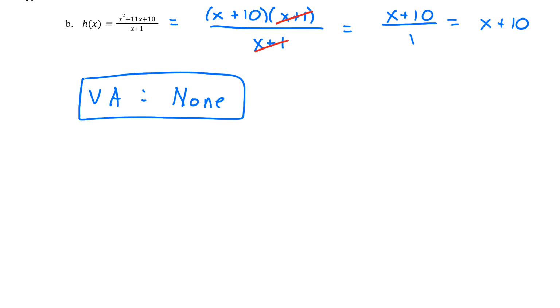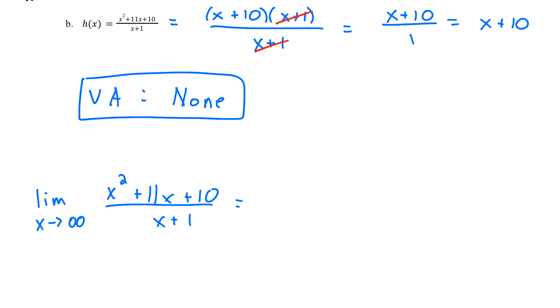For the horizontal asymptotes, I again only need to look at the limit as x approaches positive infinity or negative infinity. We're going to get the same information either way, since this is a rational function. So if I were to look at the limit of x squared plus 11x plus 10 divided by x plus 1, again, I'm going back and using that unsimplified version of my function.